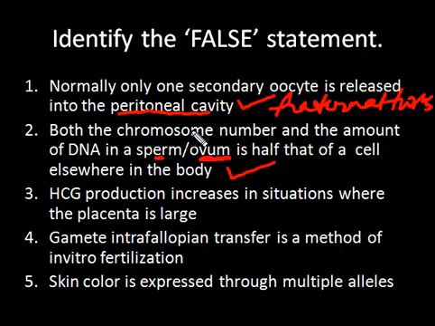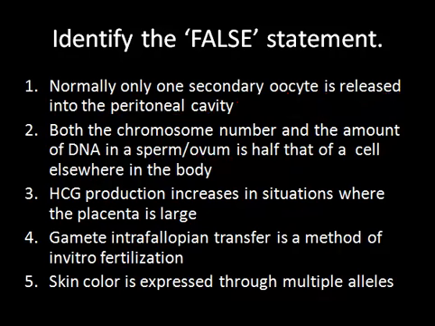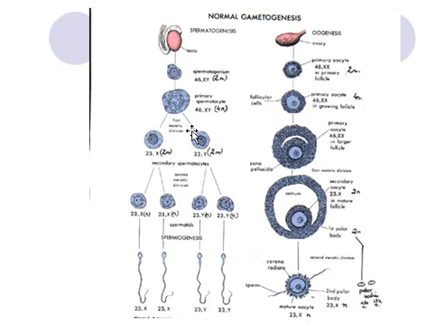And I'd like to show you an image. And here let us look at this picture where we're looking at gametogenesis. So it is spermatogenesis in the male and oogenesis in the female. So we begin with the spermatogonium or the oogonium, and that grows or enlarges and becomes the primary spermatocyte, which you see here.